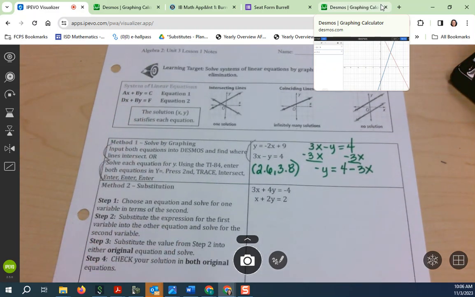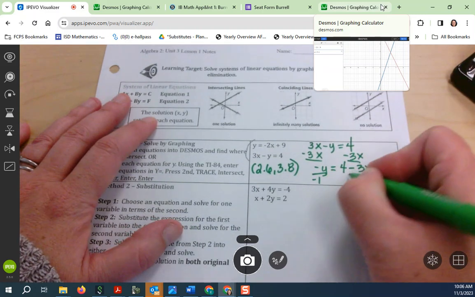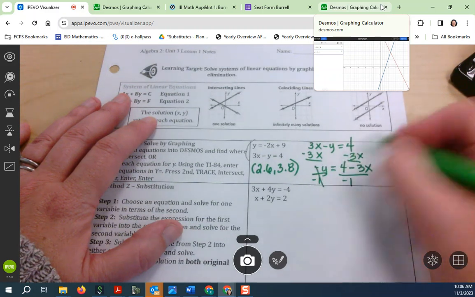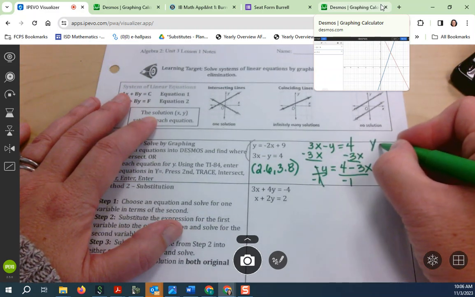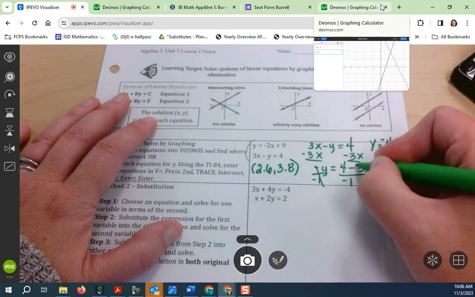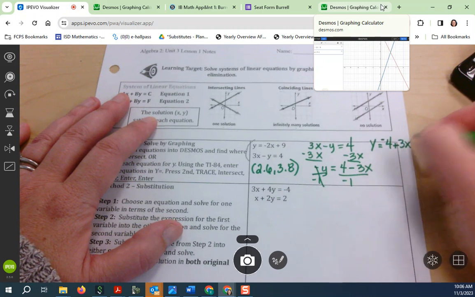And then I'm going to divide both sides by negative 1. And that's going to give me y equals negative 4. Negative and negative will cancel here, so that will be plus 3x.